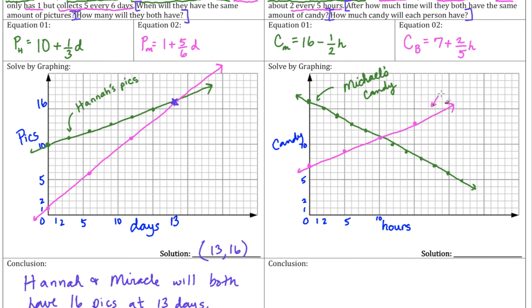And this will represent brother's candy. So they intersect, or the amount of candy is the same, right here at 10, 11.